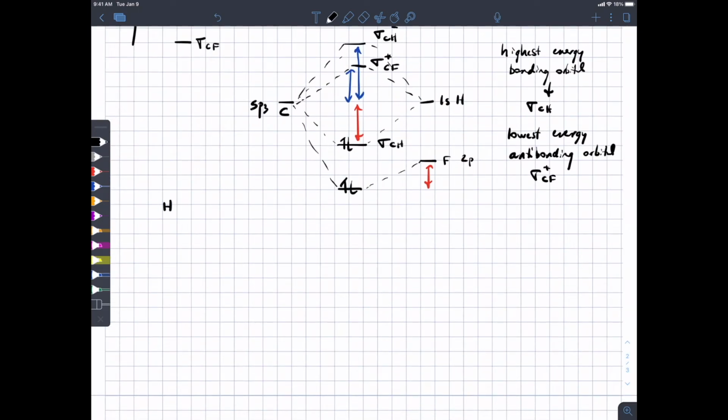One of the things that we didn't talk about when we were discussing staggered versus eclipsed, and in particular when you were doing those MO calculations, is that the staggered conformation allows a sigma bonding orbital that is filled on one of the carbons to overlap with a sigma star antibonding orbital on the adjacent carbon.